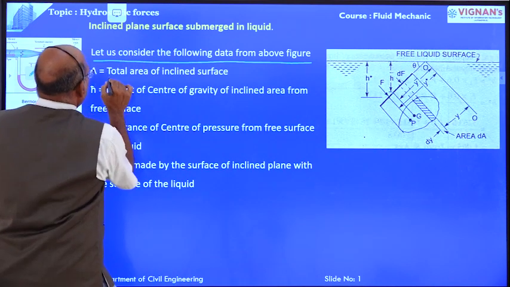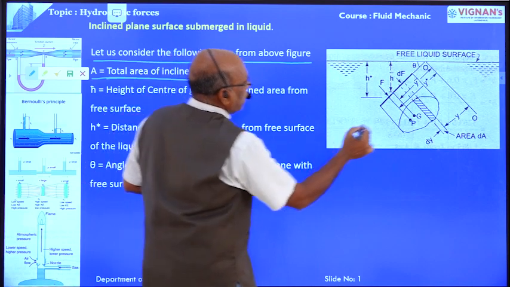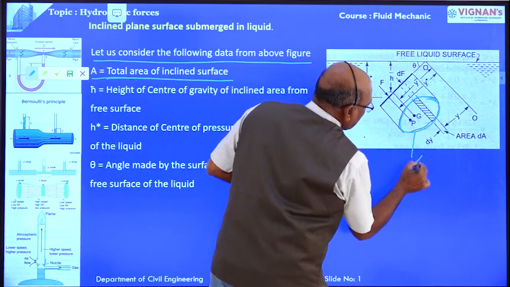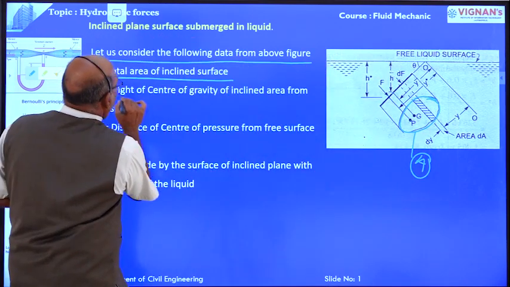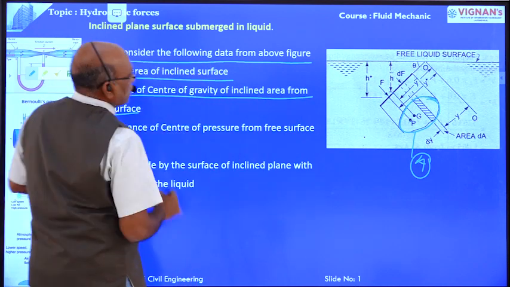A is equal to the total area of the inclined surface, capital A. H bar is the height of the center of gravity of the inclined area from the free surface.